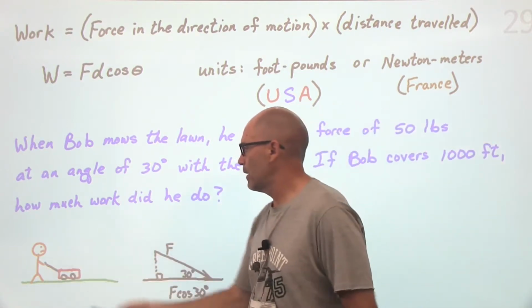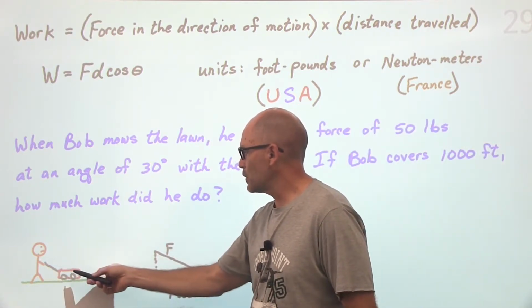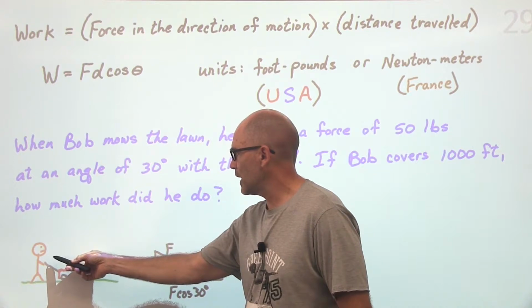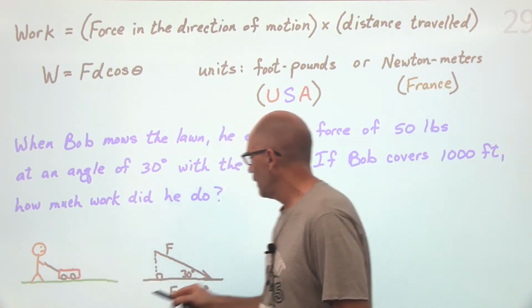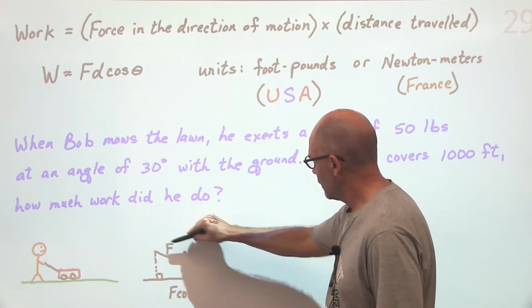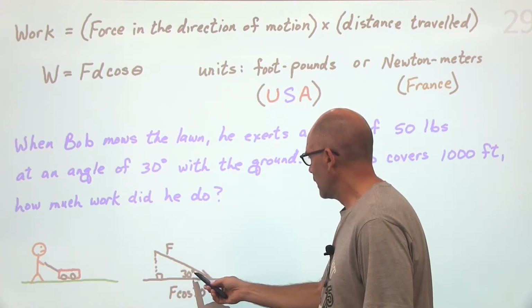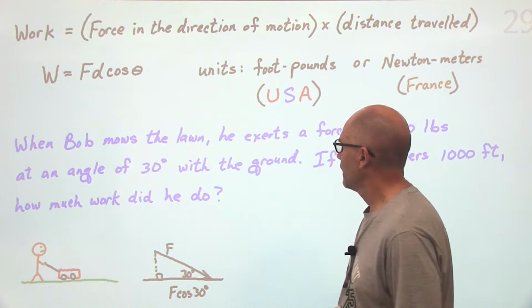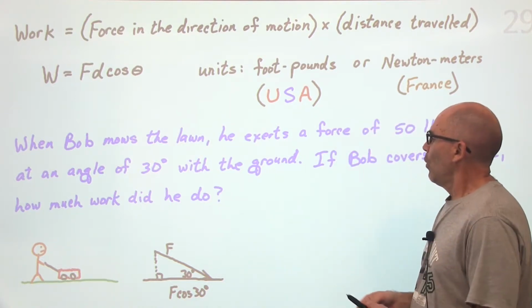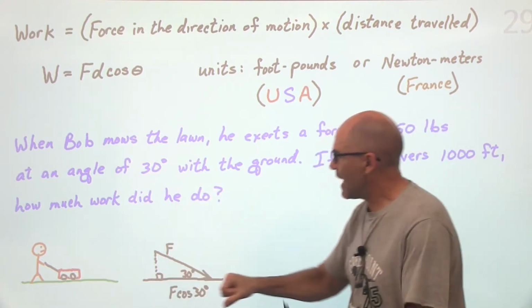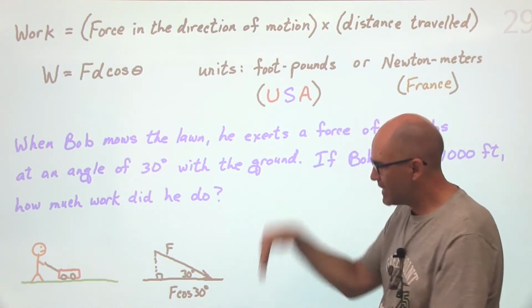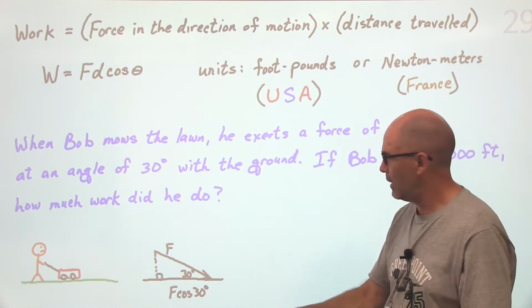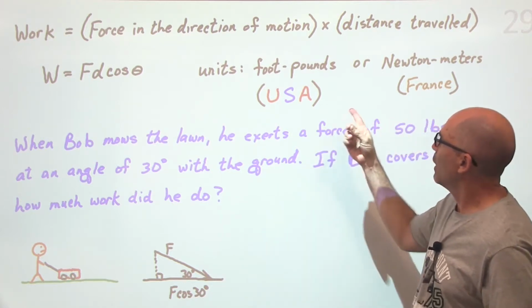Well, here's Bob, and he's pushing the lawnmower at 30 degrees with the ground. So here's Bob's force right here, and it's 30 degrees with the ground. Well, we don't care about the downward component. Bob's actually pushing that lawnmower down toward the ground a little bit. We don't care about that. That's not work.